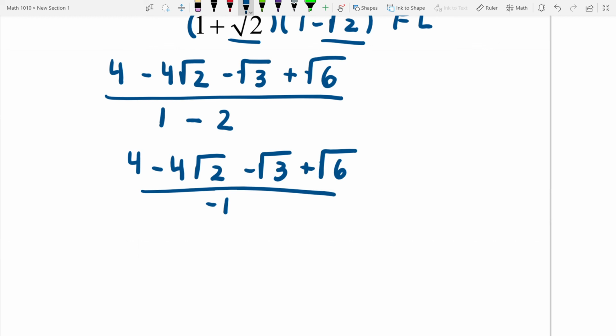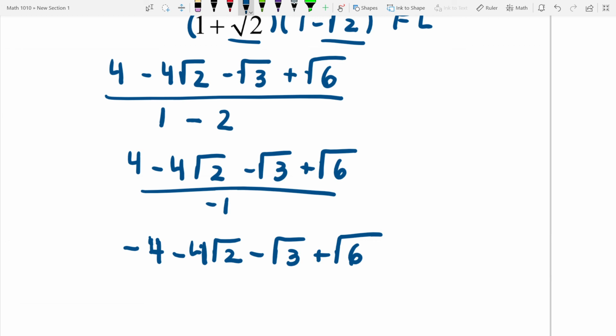Is that acceptable? Full credit, yes or no? Full credit, but awkward. Is this right? Look, bring the negative up. A lot of people do this. Is that right? When you bring it up, what do you have to do?